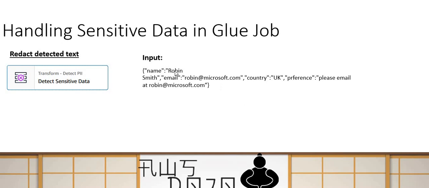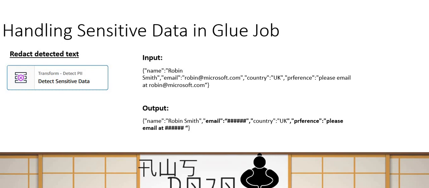If this input data passes through this transformation, and you have selected that your data should be redacted, then your output will look something like this, where the email address in this column, and in this text in this column, in both places is replaced by a mask. So this is how your data is handled in this example where you choose to handle by redaction.